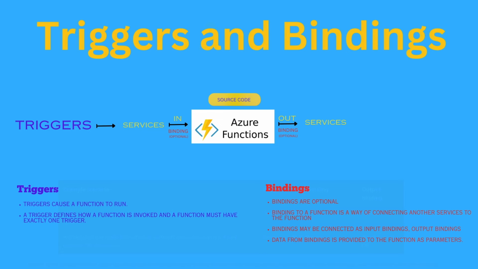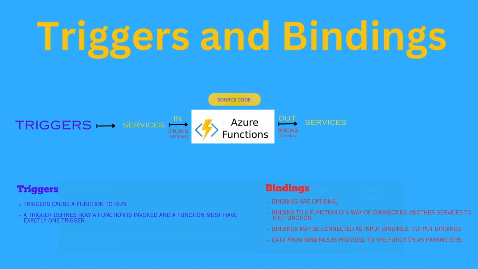On the other hand, we have another powerful feature called bindings. Bindings are optional, but binding a function is a way to connect to other Azure services. There can be an input binding or an output binding. An input binding is when an Azure function runs, it gets some parameterized data from one of the services allowed to connect to Azure as a binding.